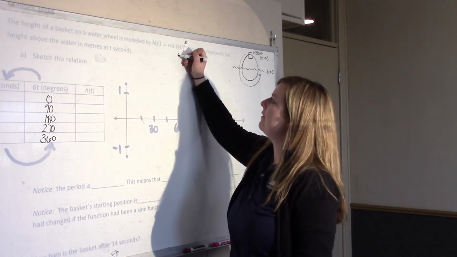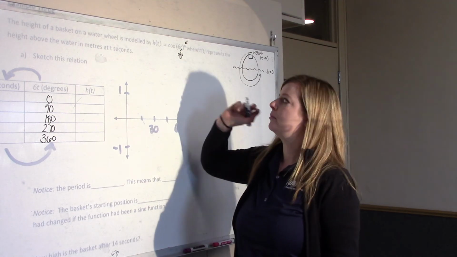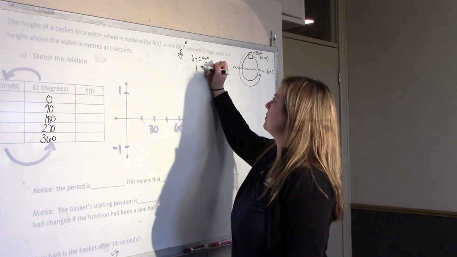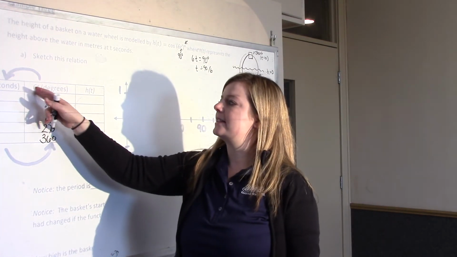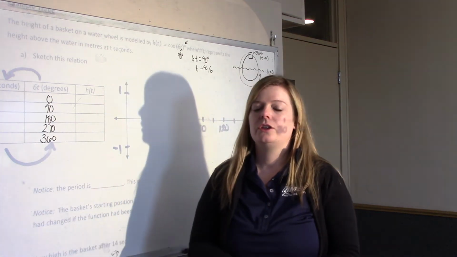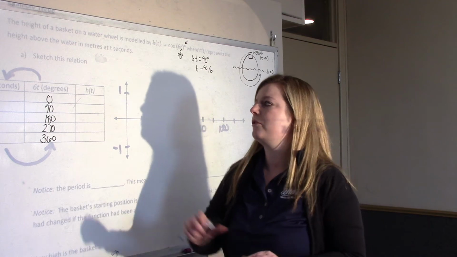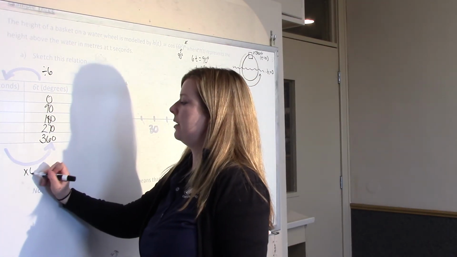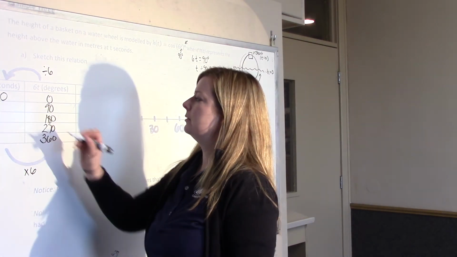So for instance, if I have 90 degrees, how do I get from there back to time? Well, 6t is 90 degrees, so t is just 90 divided by 6. So to go from 6t to t, you just divide everything by 6, or to go the other way, you multiply by 6.